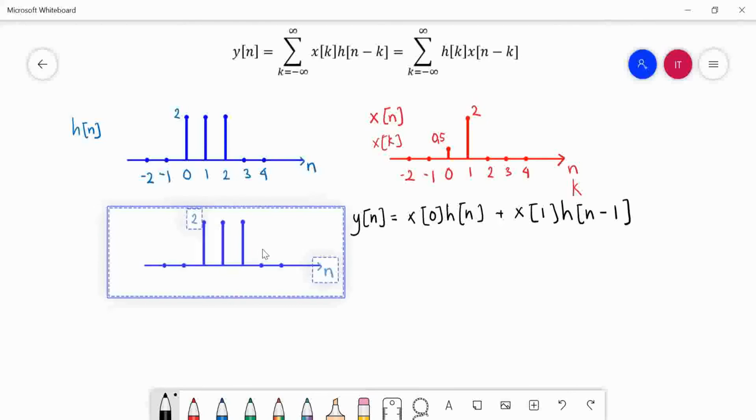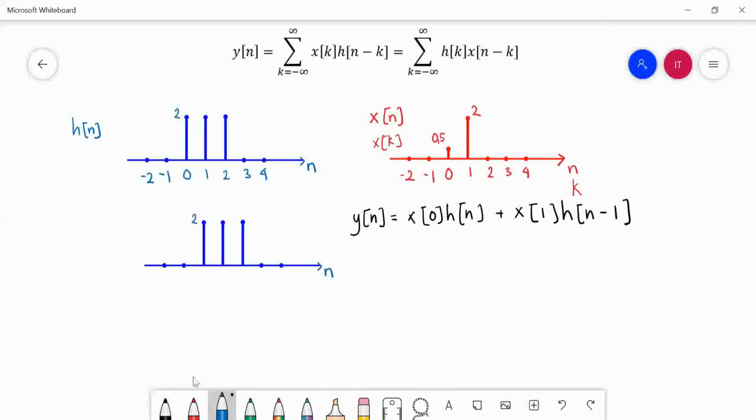It's shifted by 1, so we have here h[n minus 1], and because it's shifted, it starts with 1, 2, 3, 4, 5, 0, minus 1, something like this.